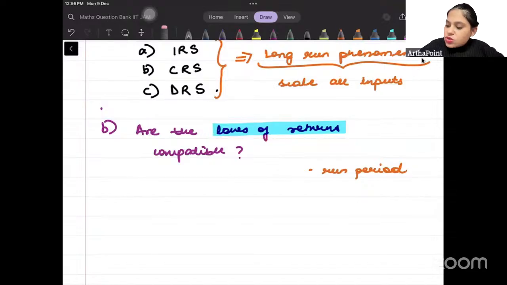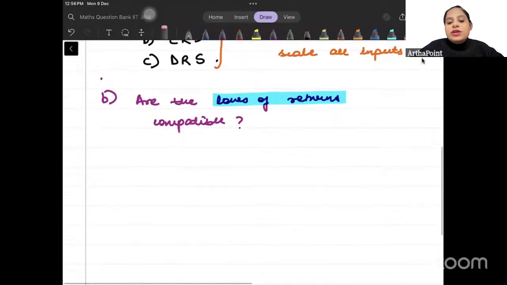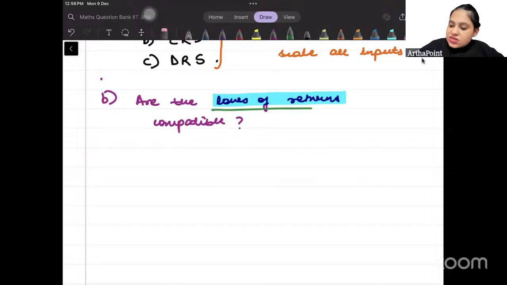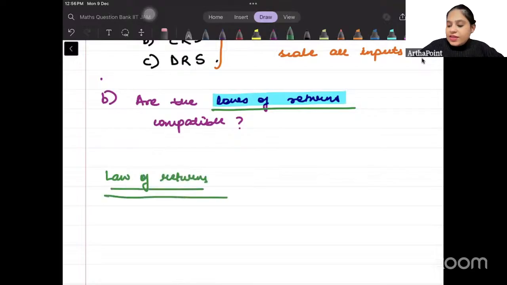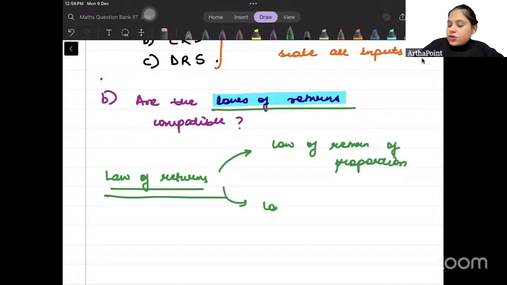Actually, many books also say that law of return can be two. If you look into some of the Indian authors, they say law of return, and then they say that one can be the law of return of proportion, variable proportion, and the other can be the law of return to scale.